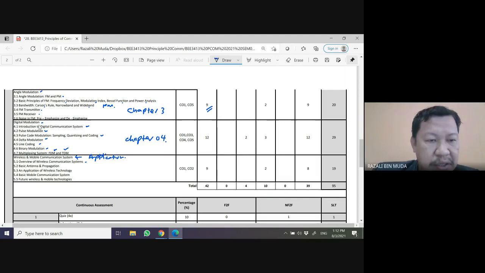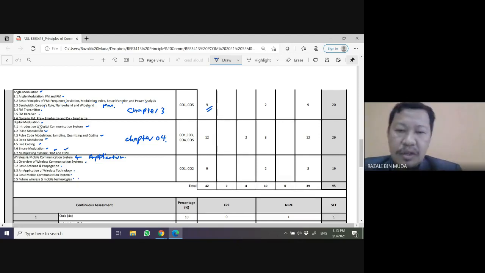Then basic theory on antennas and also propagation systems. And then applications of wireless technology, basic mobile communication systems, and last but not least, the final chapter will be on future emerging technologies in wireless and mobile communication systems.